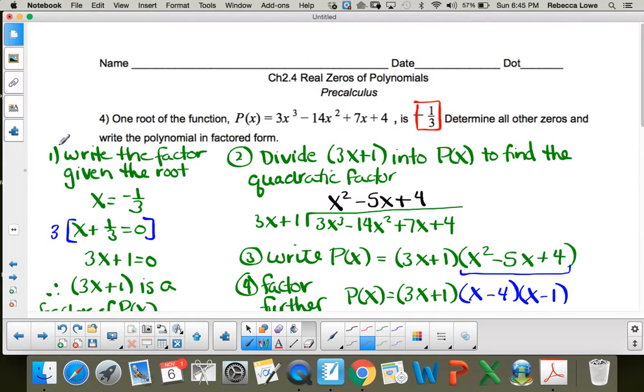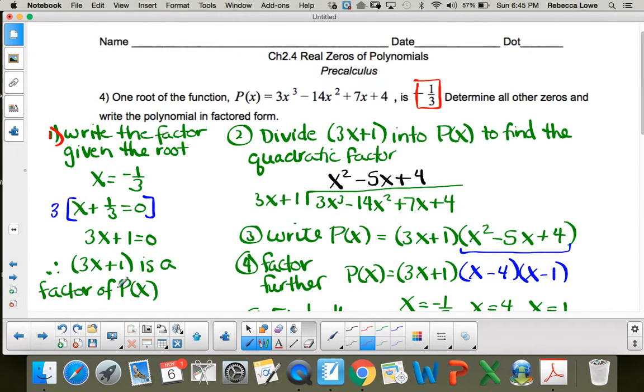So the first thing you want to do is write the factor given the root. So you start by setting the root equal to x. You move the 1/3 over, and then we get rid of the fraction by multiplying by the denominator. So 3x plus 1 equals 0, so therefore 3x plus 1 is a factor of p of x. So we took the root, negative 1/3, and we were able to figure out the factor of p of x.